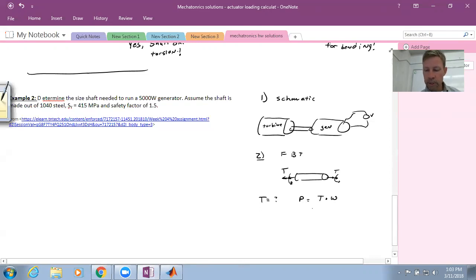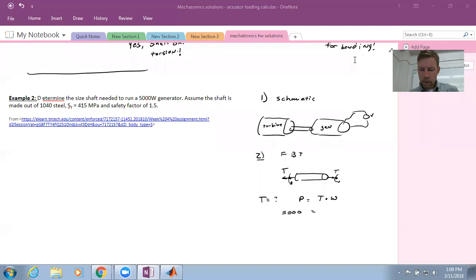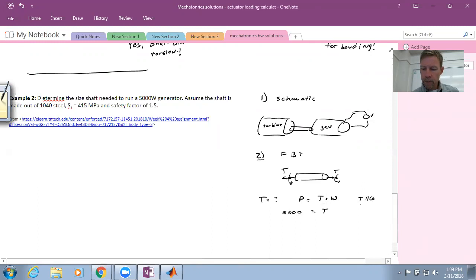In this case, I'll assume they're in the same direction. So 500 watts equals torque, and I'm going to assume that T is parallel to omega, so I can multiply that times omega.